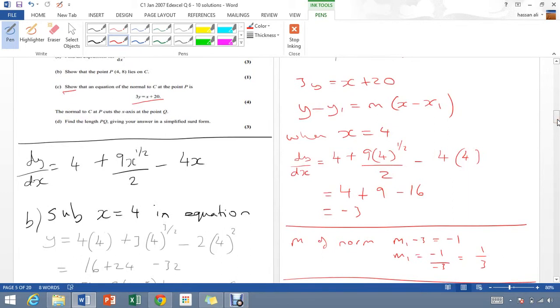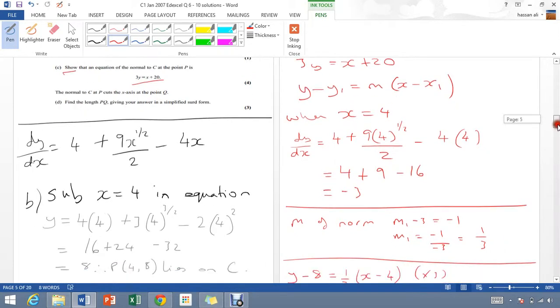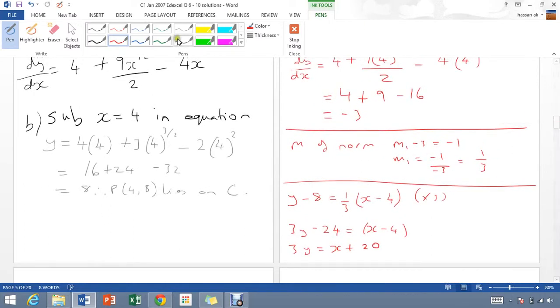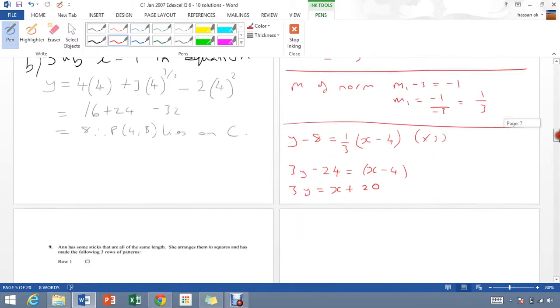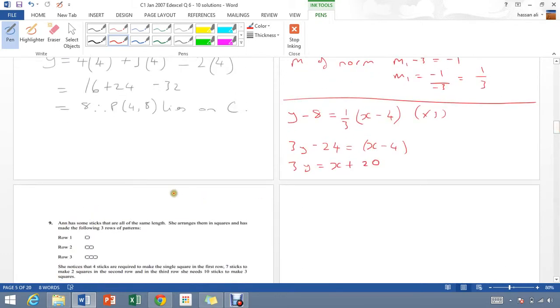Now it's asking you, for part D, to find the length of PQ, giving your answer in simplified surd form. Feel free to attempt this question and then come back and see whether you found the answer.